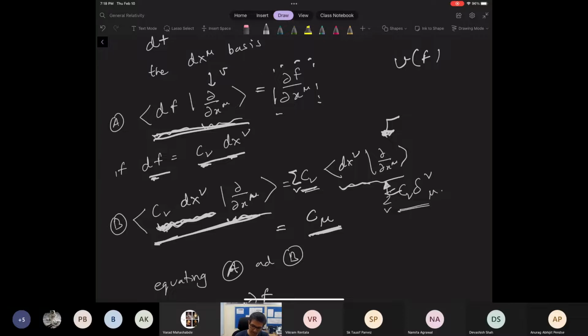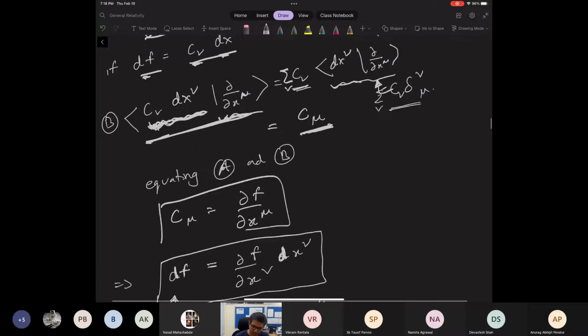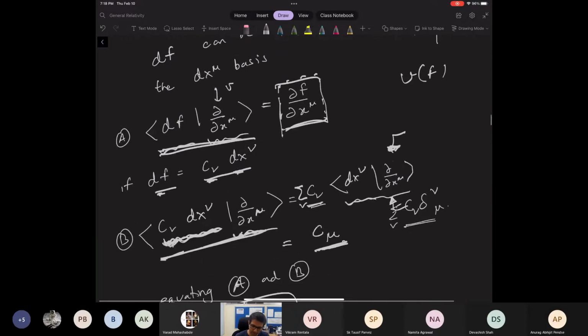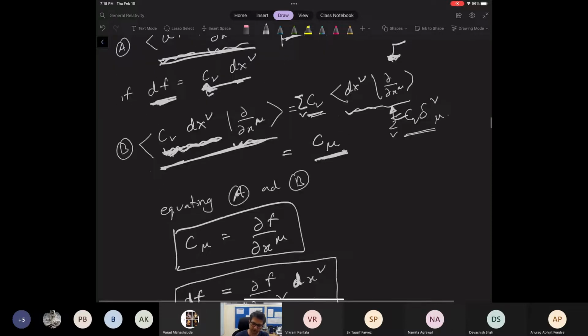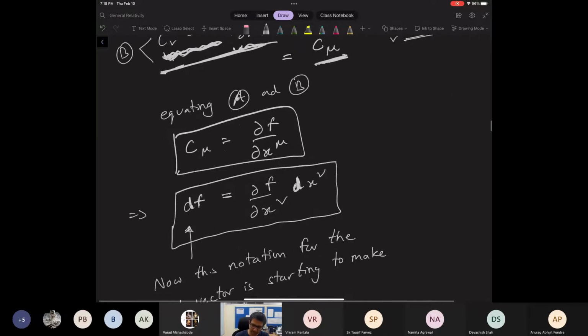That means that c mu is nothing but partial f partial x mu. So now we've evaluated what these coefficients c nu are. It's just partial f partial x nu. So we can write any general dual vector df in terms of the basis vectors dx nu as partial f partial x nu times dx nu.